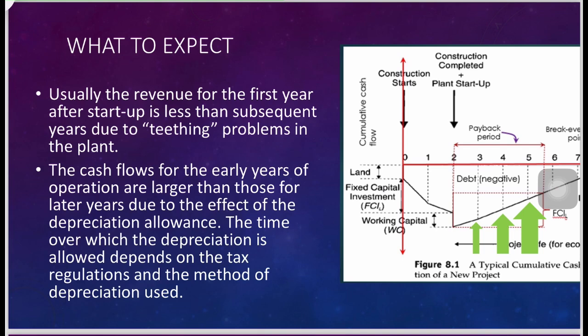Sometimes during the startup, we already have produced products, but this is still not at 100% capacity. Why? Because the process plant is still prone to mistakes during the process because bago pa siya.